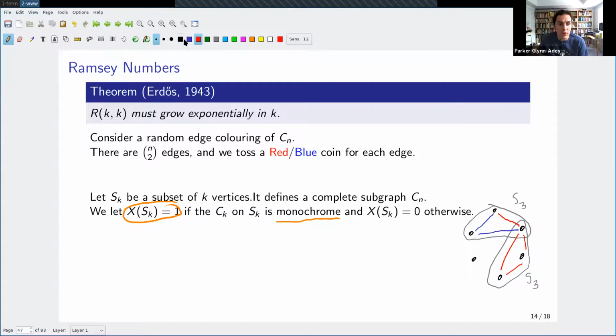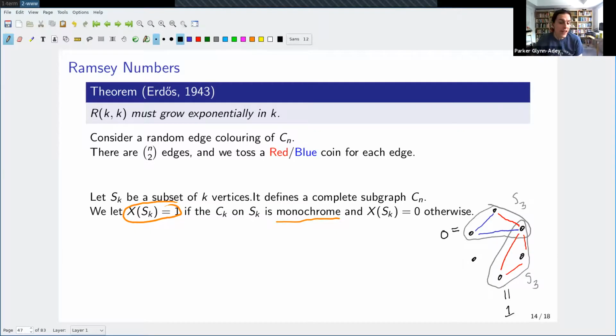We're going to give that a 0. And this one is monochrome. It's monochrome red. So that's going to be a 1. So what we're doing is splitting up the monochrome triangles according to this random variable X.